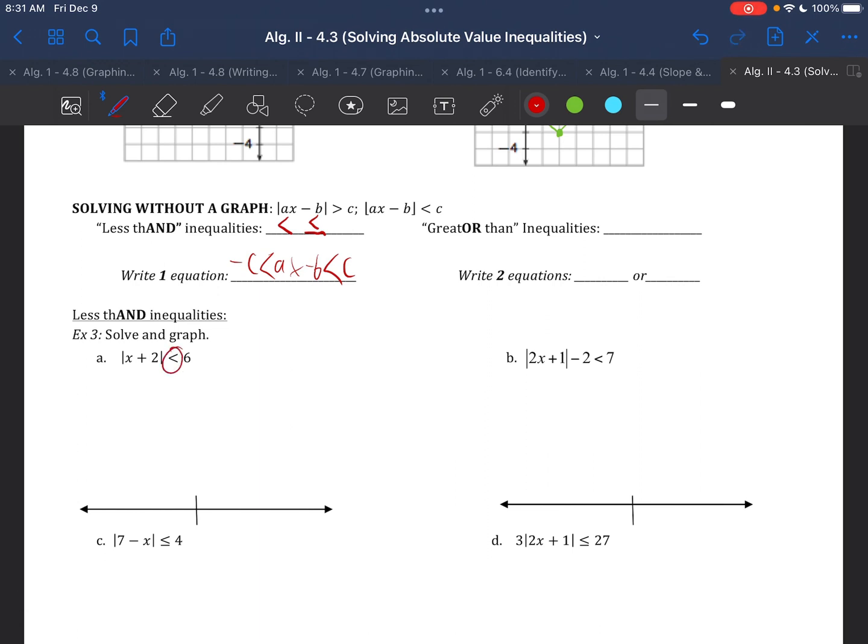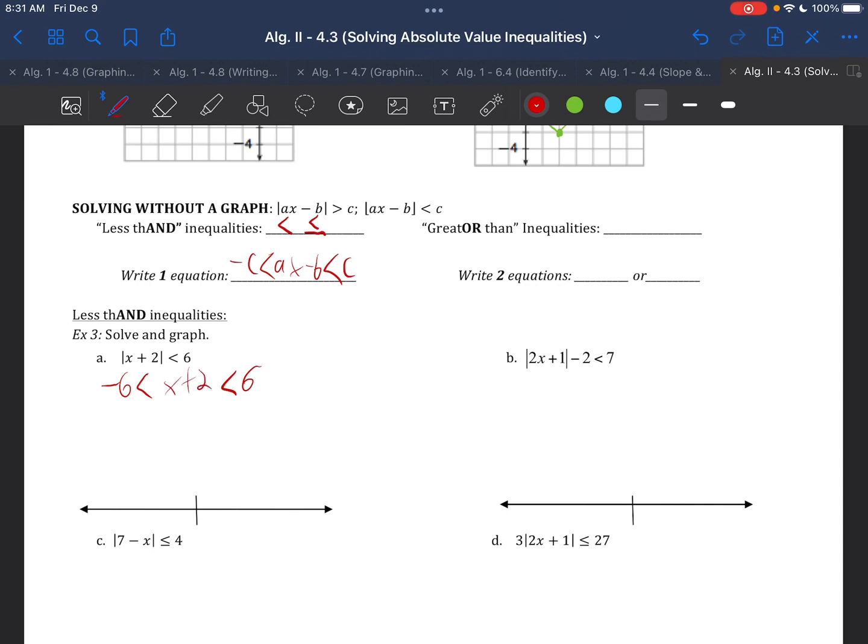So on example 3, we have the absolute value of x plus 2 is less than 6. So what we're going to do is make one inequality, really. We're going to take the c, which is 6, and make it a negative 6, and positive 6. And then we're going to do our inequality twice, so it's less than.